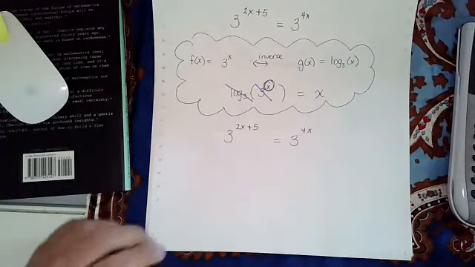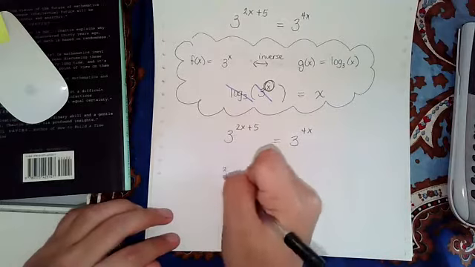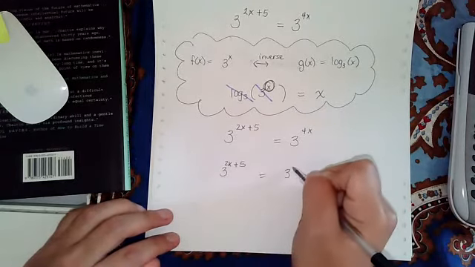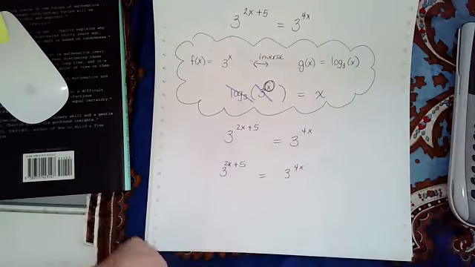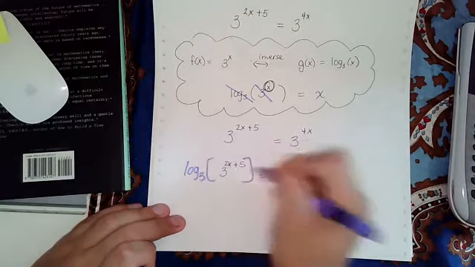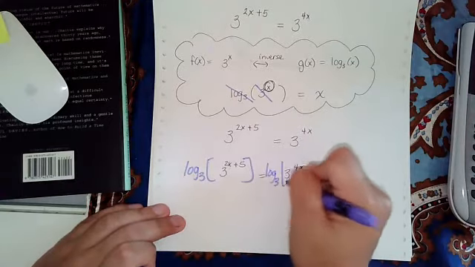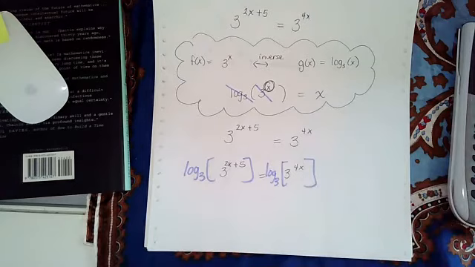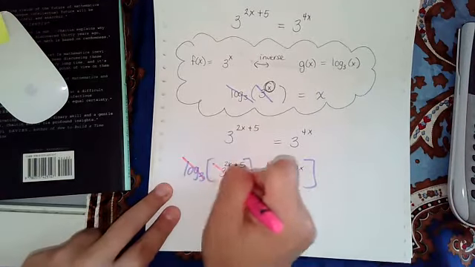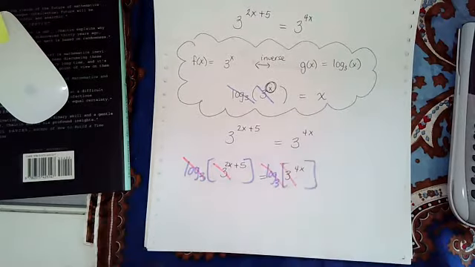I'm going to take the log base 3 of both sides of my equation, so that the log base 3 and the exponential base 3 cancel out on both sides.